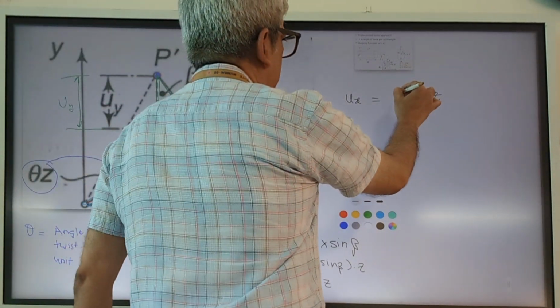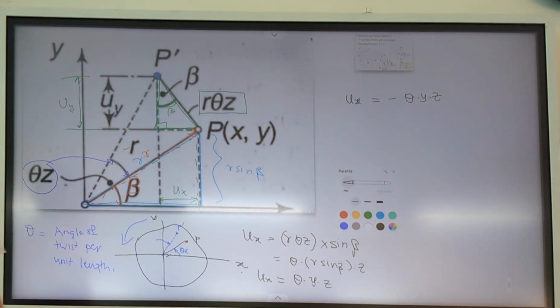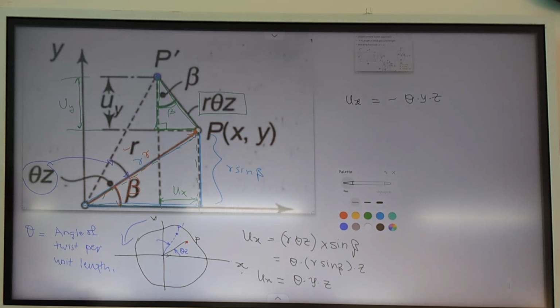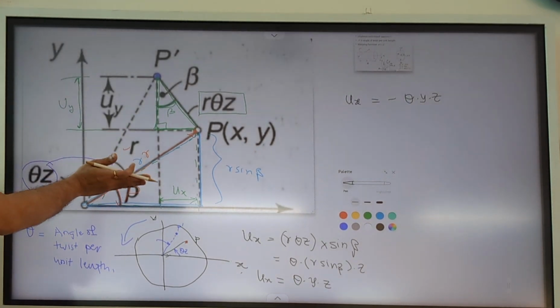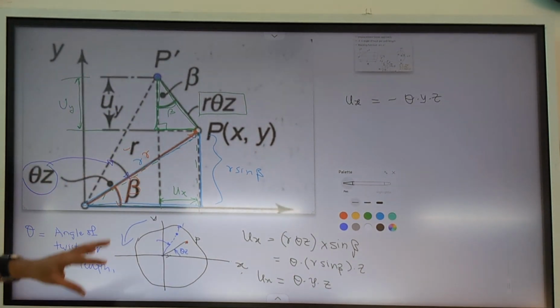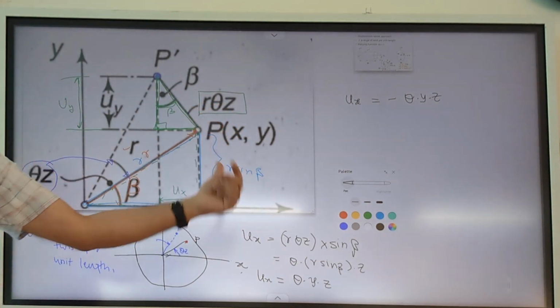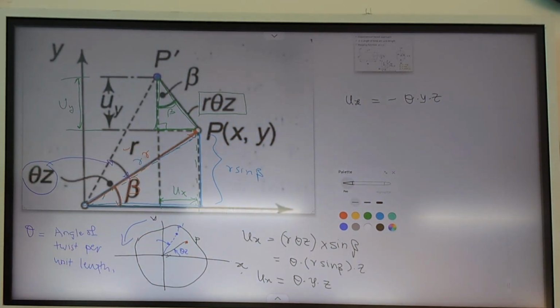So ux will be equal to minus theta into yz. So this is the magnitude, but we have to assign sign with respect to whether it is moving in positive x-axis or in the negative x-axis. Considering this theta direction as positive theta, if theta is positive, ux would be negative. So that is what this particular equation means.